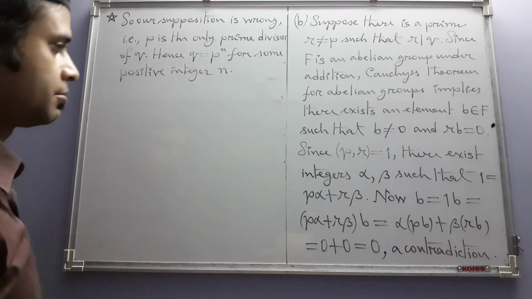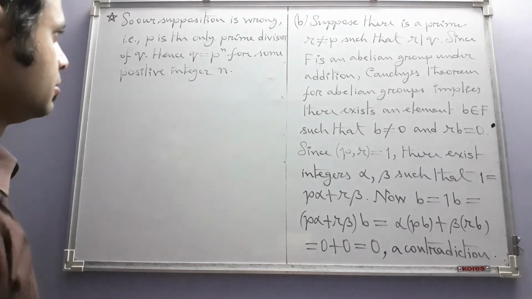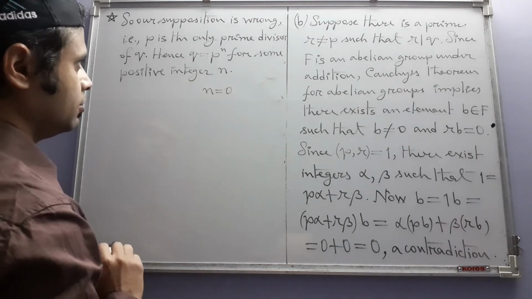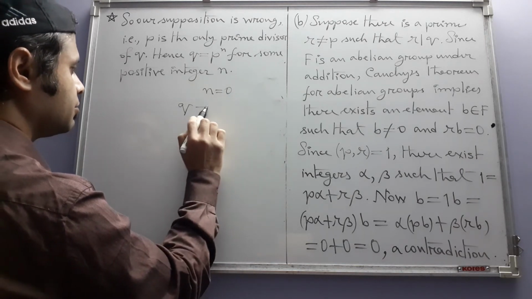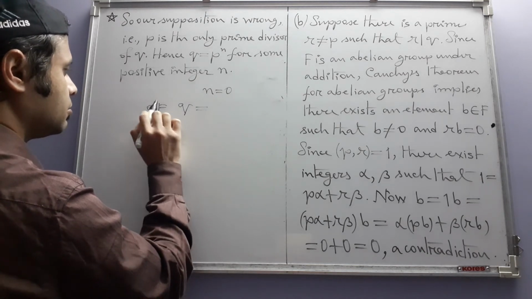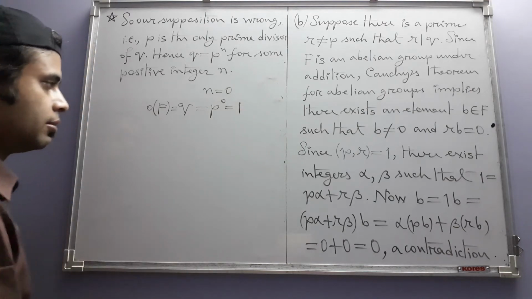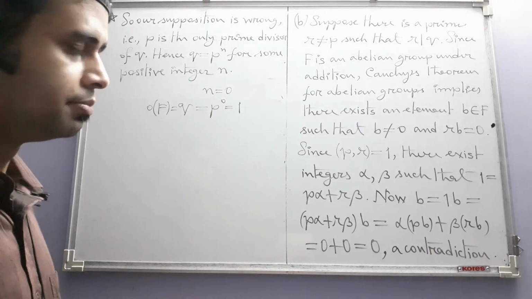Why positive integer? Why not non-negative? What happens when we take n equal to 0? Then the number of elements in the field is 1. There is no field with one element.